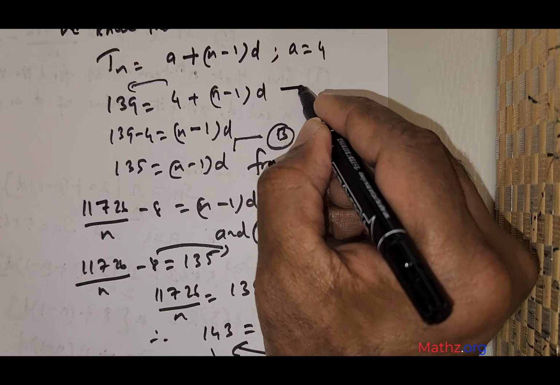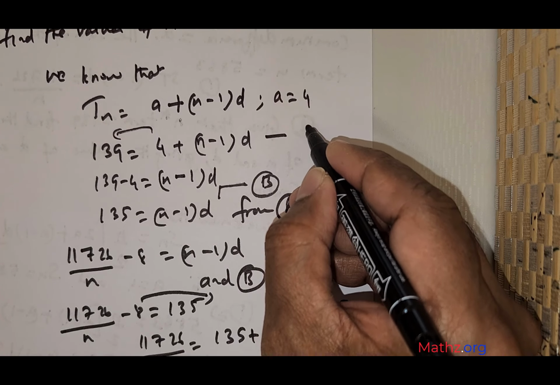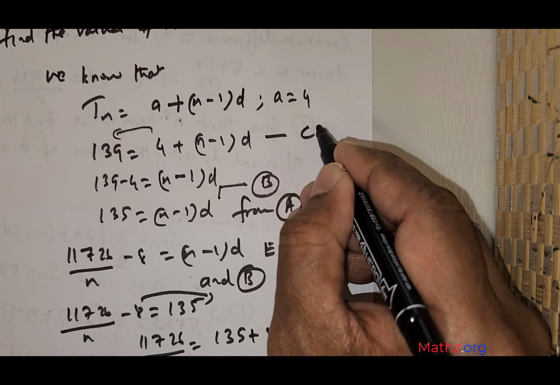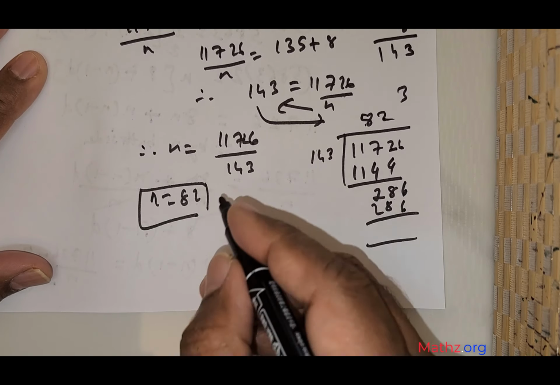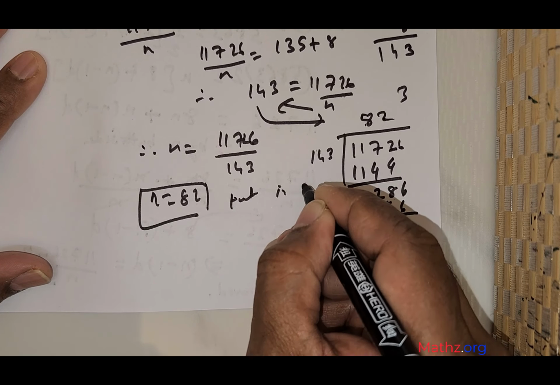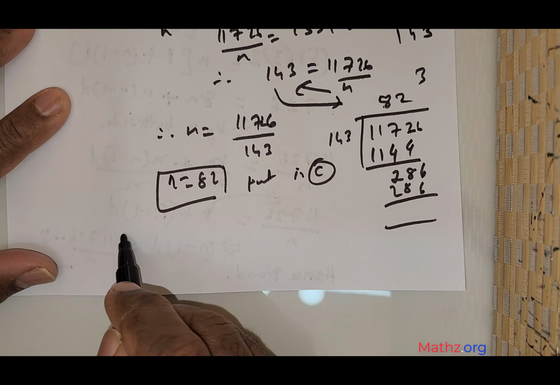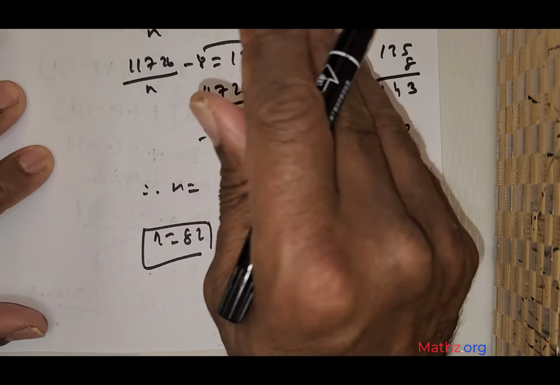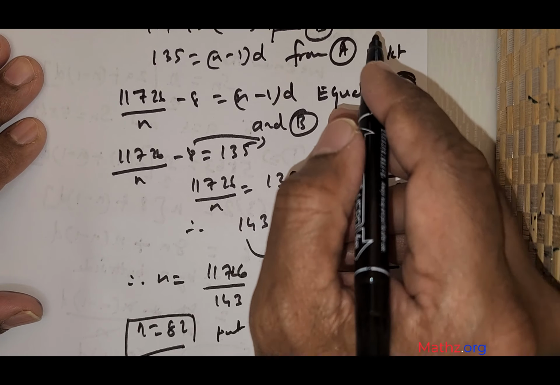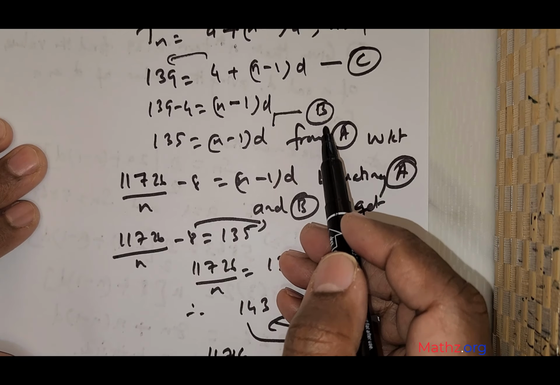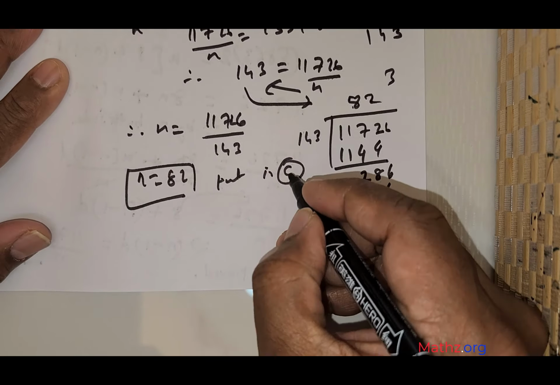Now imagine I take this as, say, C. You can take it as C or whatever, it's up to you. To get the value of D, you don't have to put this in C, you can directly put this in B, which you already have here.